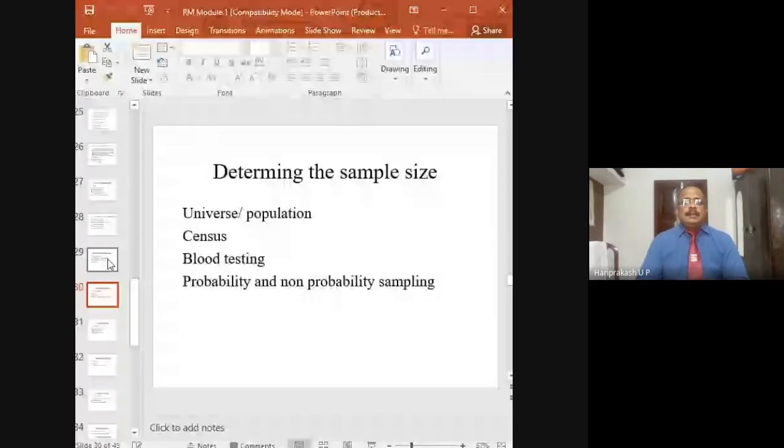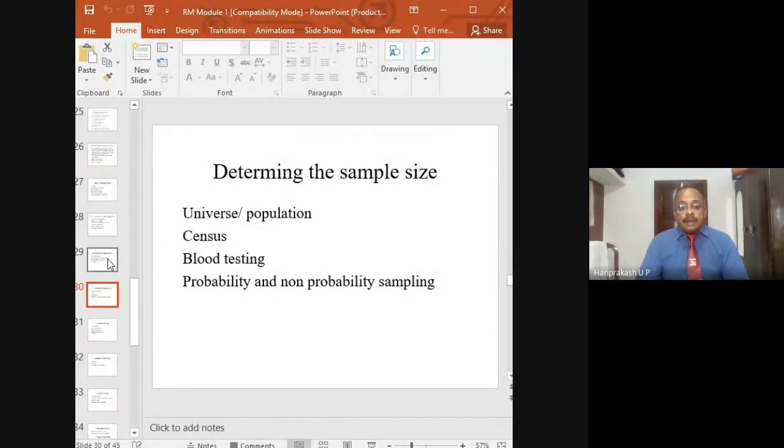Say, a simple example is given. There is some fever. A fever is there for a person, and how to test it? What type of fever is it? Now COVID is there. They will take the sample, throat and nasal droplet samples, and test it. But for other types of fevers, it is not like that. What will they collect? Blood.